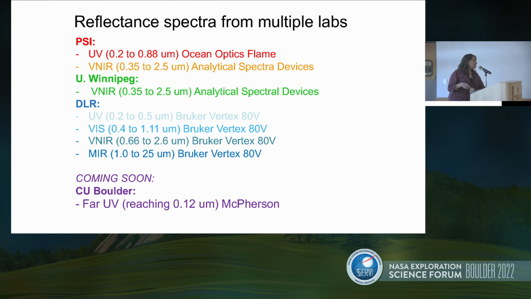So right here at CU Boulder, we're actually going to try to push our UV measurements into the far UV. A lab is being set up by Greg Holsclaw here on the campus. And we think we're going to be able to get down to 120 nanometers. Right now our UV measurements cut off pretty much at about 0.2 microns or 200 nanometers. So that's to come, but we're looking forward to those data.